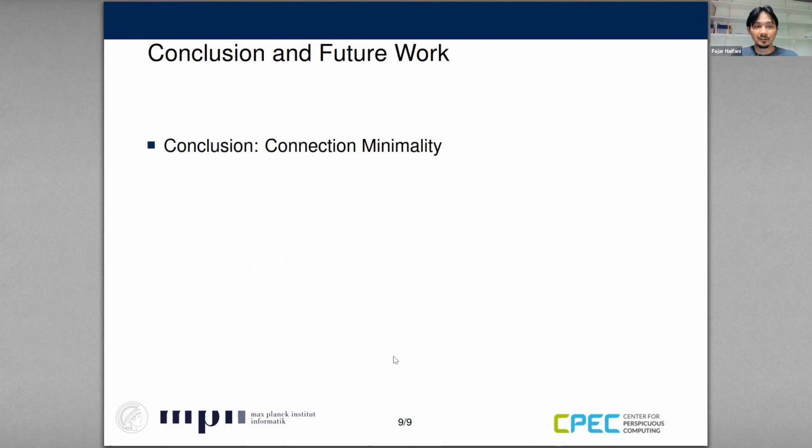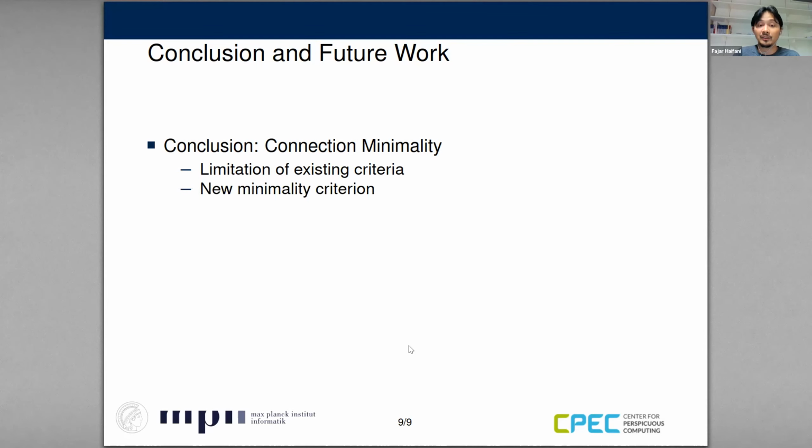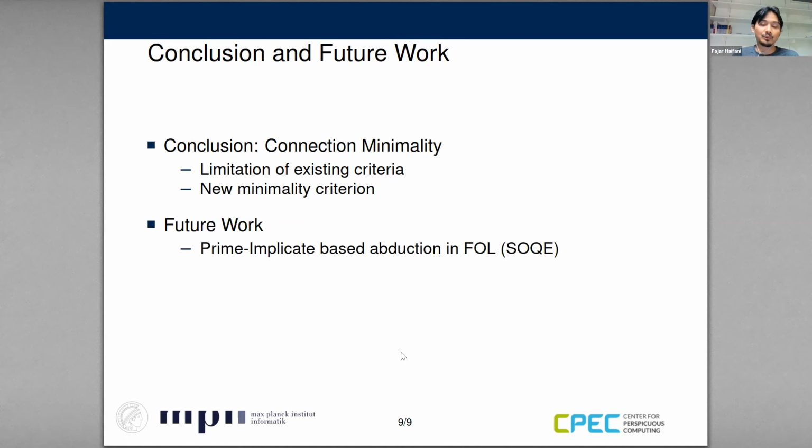And yeah, last but not least, we have introduced the connection minimality by first showing what might go wrong when you use other notions, and then we proceeded by showing our novel minimality notion. And as future work, we would like to relate this to the EL abduction technique based on prime implicate abduction technique in first-order logic, which we presented yesterday in Sophie.